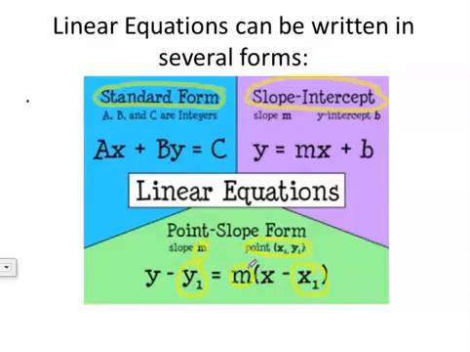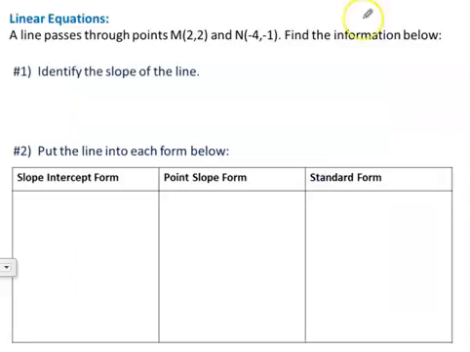We're going to look at standard form, slope-intercept form, and point slope form more in depth this week. So let's look at putting a line into each of those forms: slope-intercept form, point slope form, and standard form.